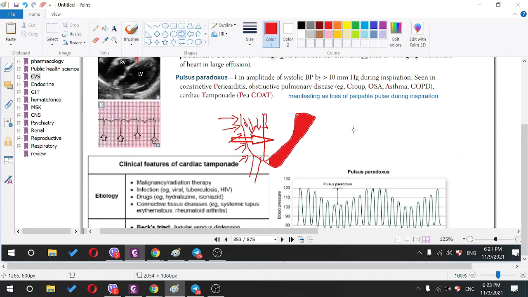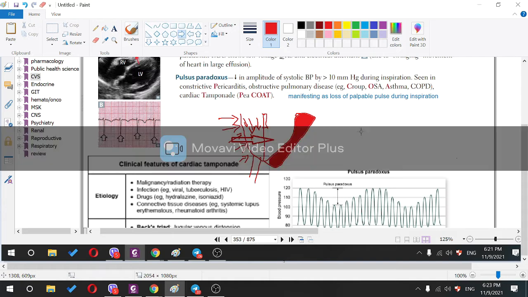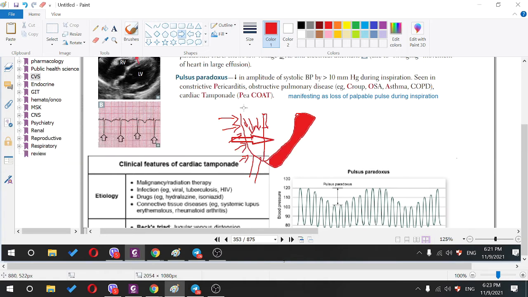And will it be more prominent on inspiration or expiration, guys? Inspiration, because again, on inspiration there is more blood going inside of the right ventricle. So more blood comes into the right ventricle, so more pushing will occur. Okay, so when that occurs, what will happen?